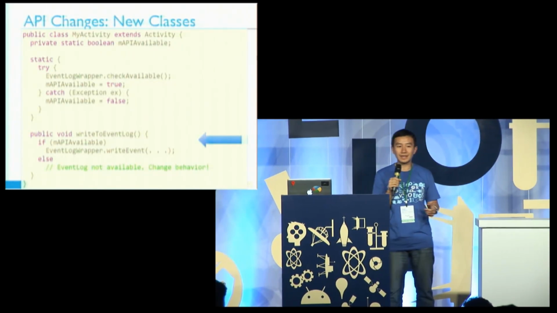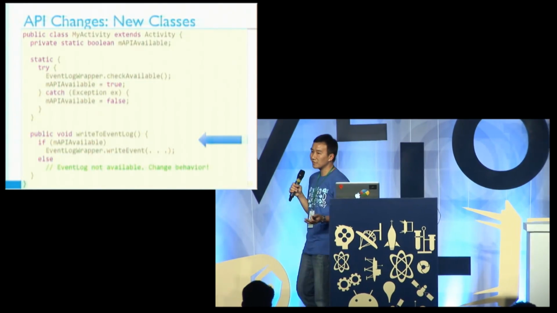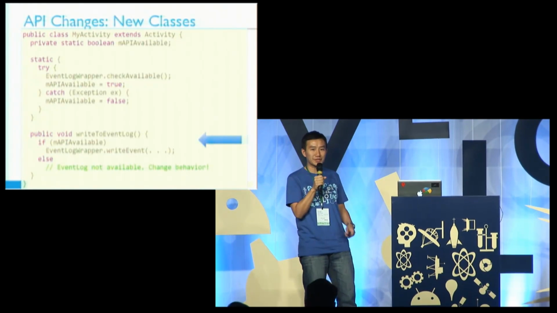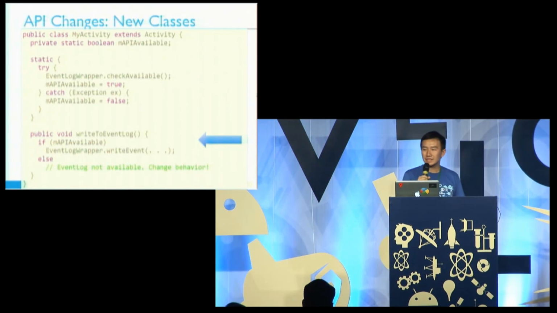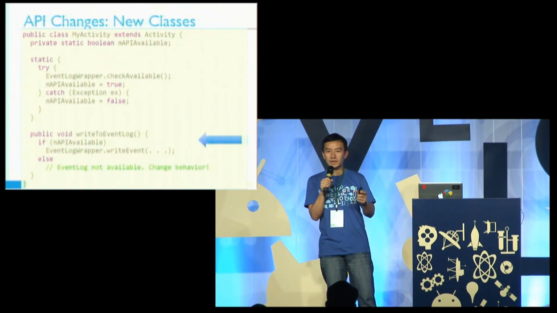So when you're actually trying to use this class, you just check the Boolean value. If it's true, then the class is available, so use it. If not, do something differently. So this is one of the ways developers can make sure they have maximum compatibility across different versions. But I would say, while this is a good method, it may not work for all features.